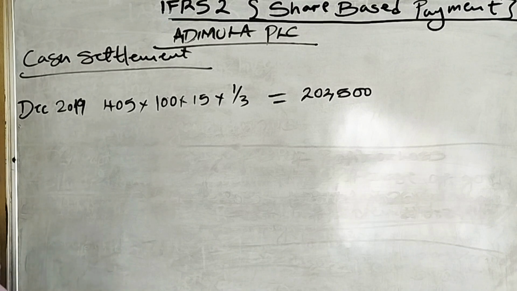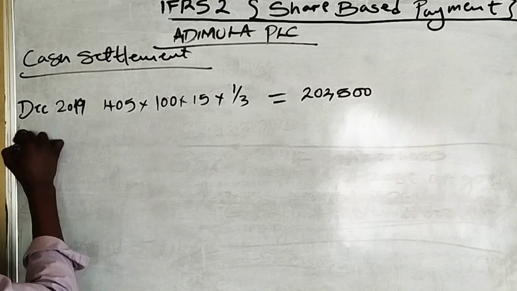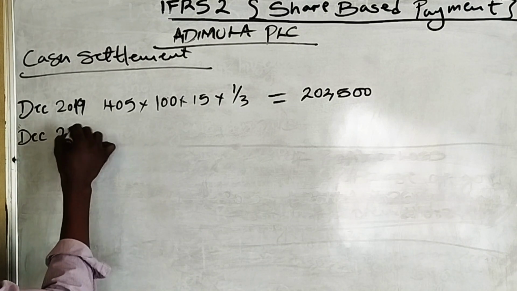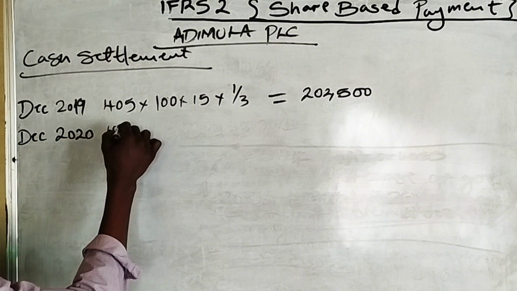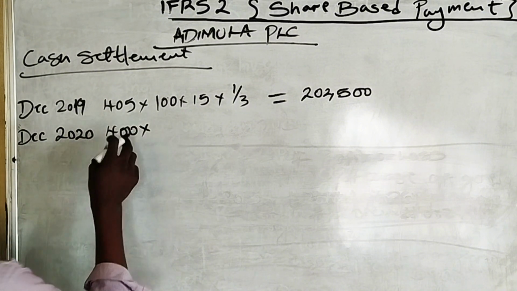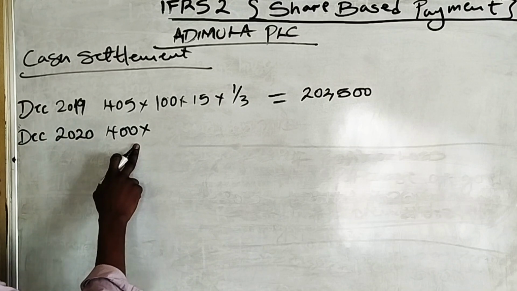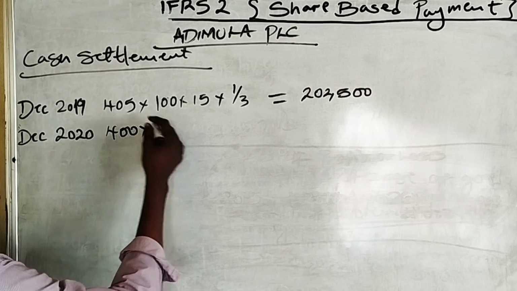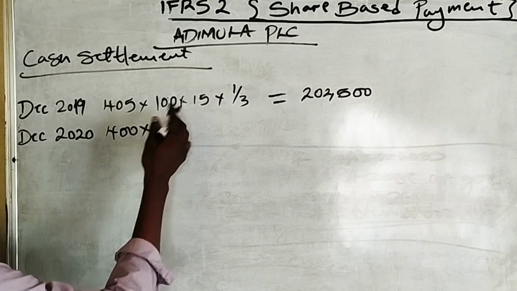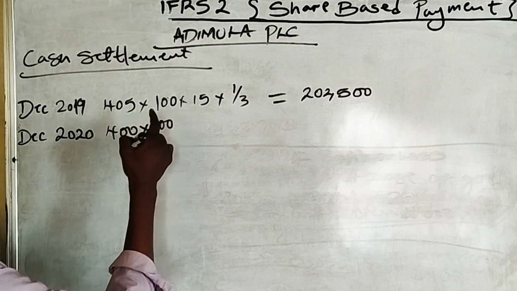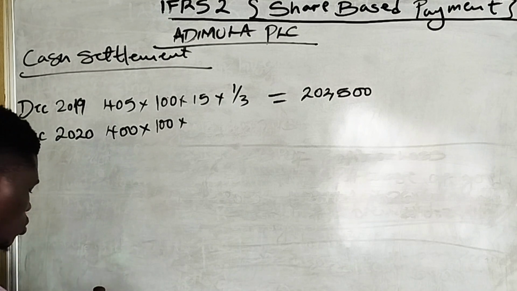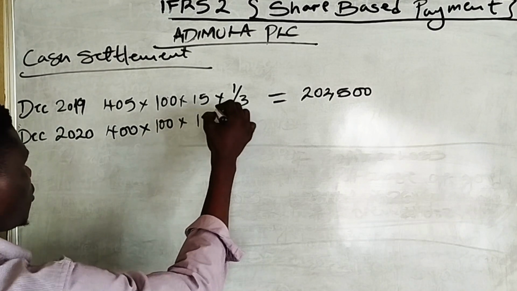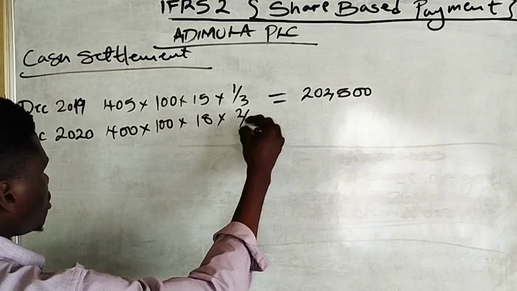Then for December 2020, we have 400 employees actually vested. So those are the people that will be entitled to this share-based payment of 100 cash shares multiplied by the fair value as at December 31st, 2020, which is 18 naira, multiplied by 2 divided by 3.